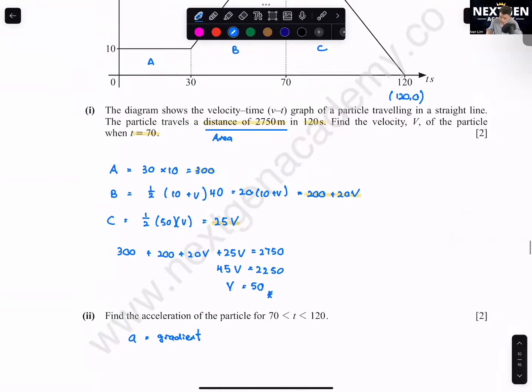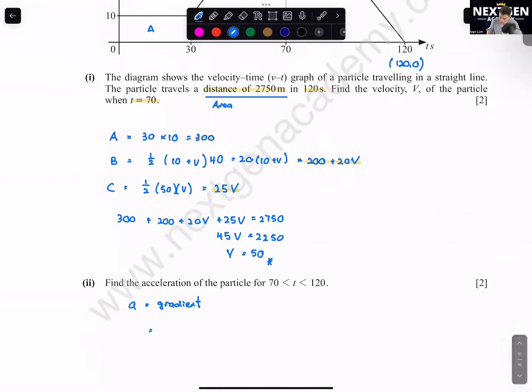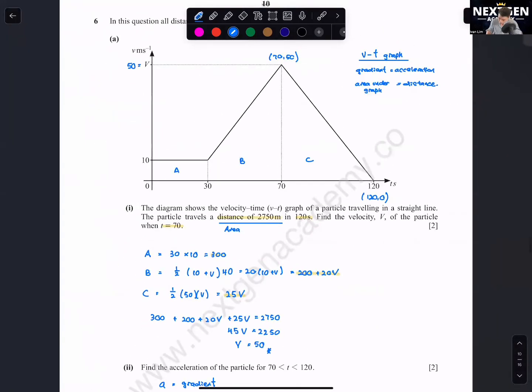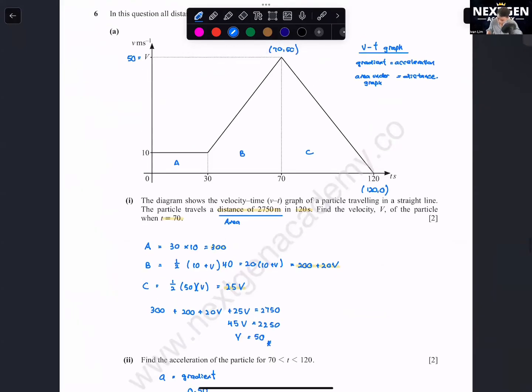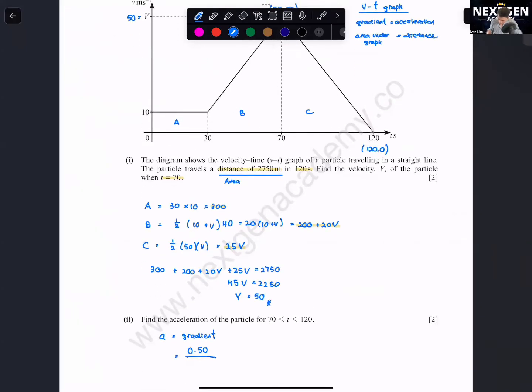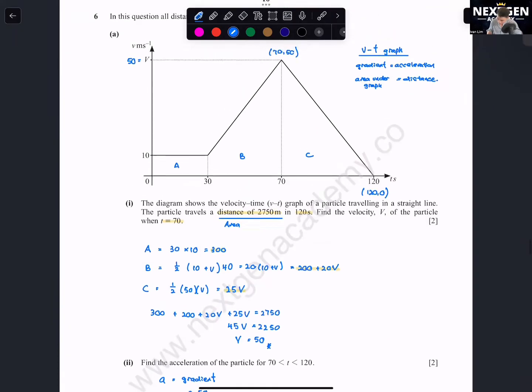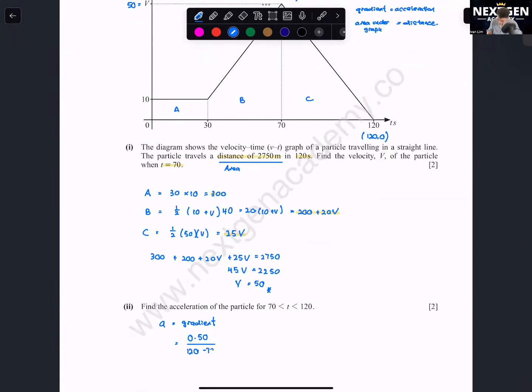Okay, you take y2 minus y1 over x2 minus x1. So y2 is 0 minus 50 over 120 minus 70.